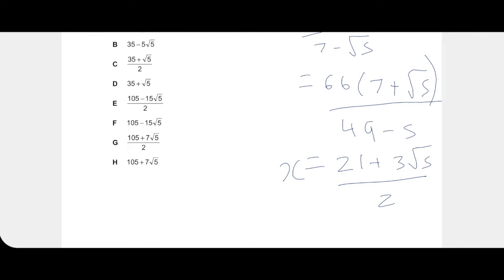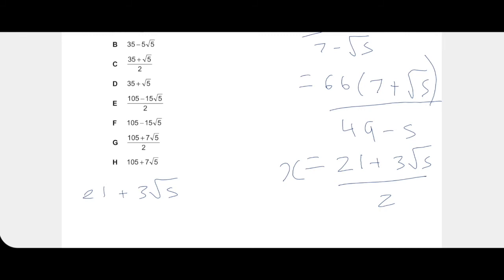We want to work out the perimeter. So we need 2 lots of x and 2 lots of 7 minus root 5. Straight away, 2x is equal to 21 plus 3 root 5.